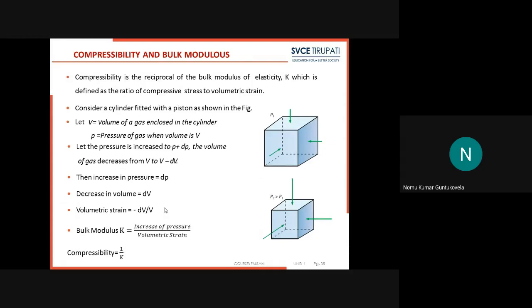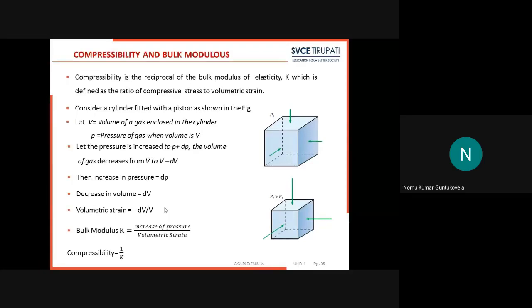Compressibility is nothing but the reciprocal of bulk modulus of elasticity. Bulk modulus K equals increase of pressure divided by volumetric strain, and compressibility equals 1 by K. These formulas are very important for doing the problems.